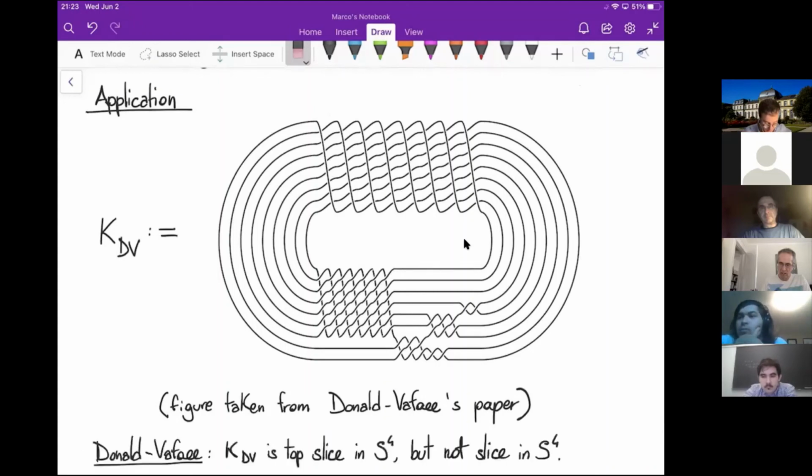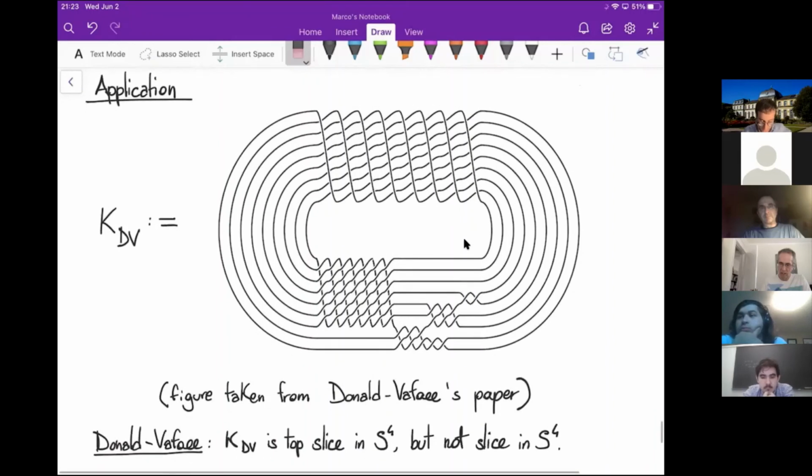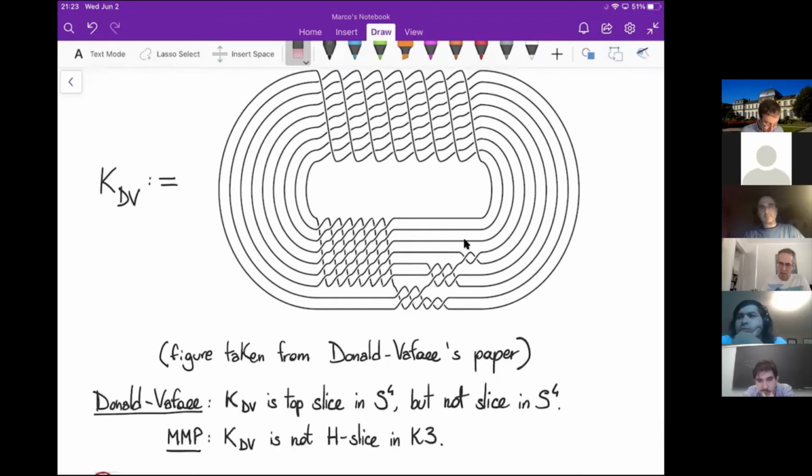They showed using their obstruction that this knot is not slice in S4. And then they proved that it is topologically slice in S4, presumably, if I remember right, by computing the Alexander polynomial. What we can prove is that, in fact, this knot K_DV is not H-slice even in K3.